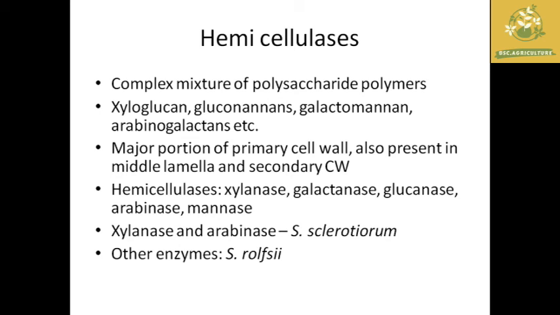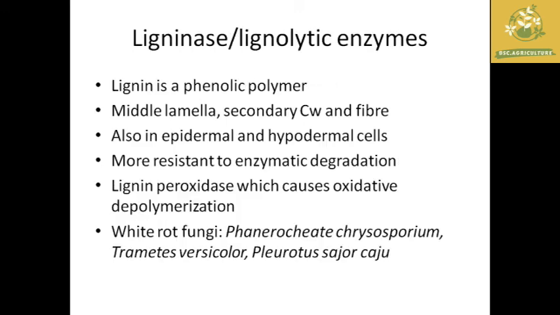The other enzymes are also produced by the pathogen for the destruction of hemicellulose, and ligninase as well as lignolytic enzymes, which are used for the degradation of lignin, which is a phenolic polymer. They are mainly present in the middle lamella as well as the secondary wall and in fibers. They are also present in epidermal as well as hypodermal cells.